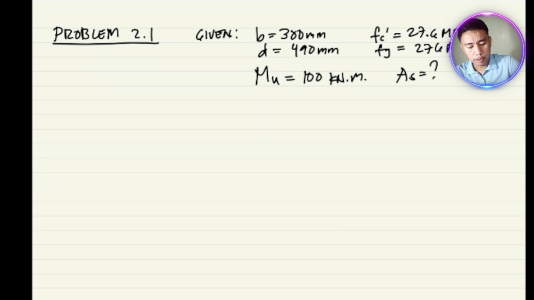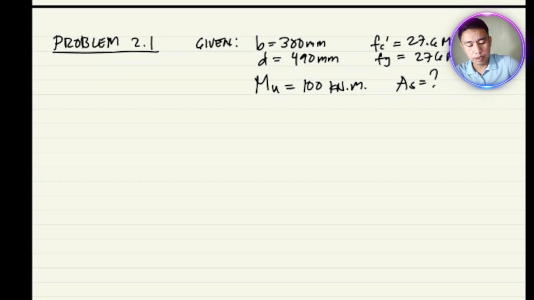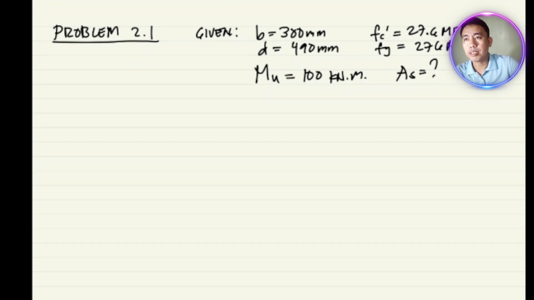I did not write the whole narration of the problem. I'll just present the given directly. Given a beam with b is 300 mm, d of 490 mm, and fc' is 27.6 megapascal and fy is 276 megapascal.